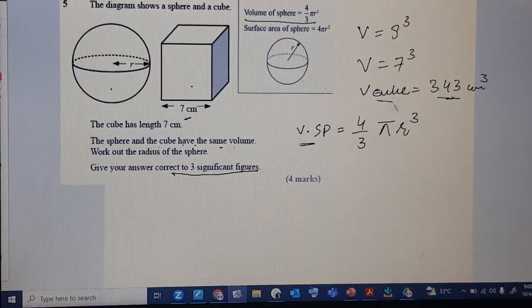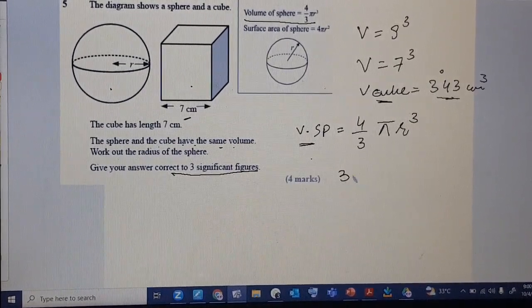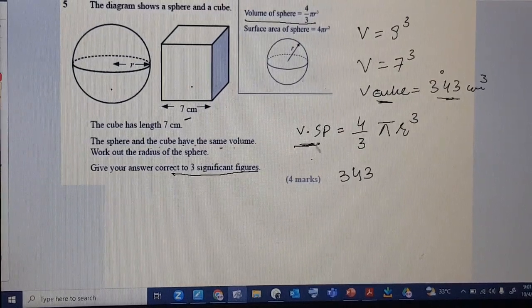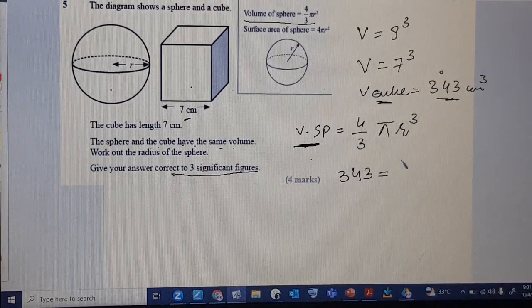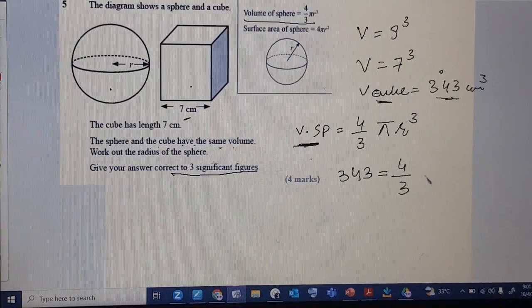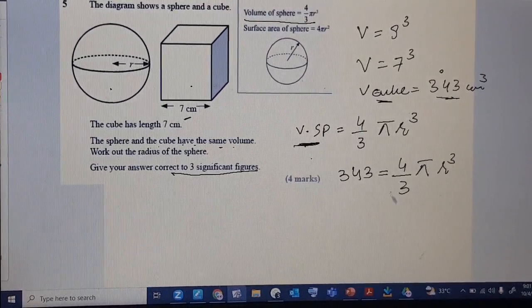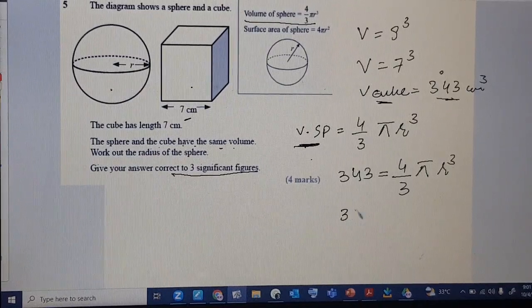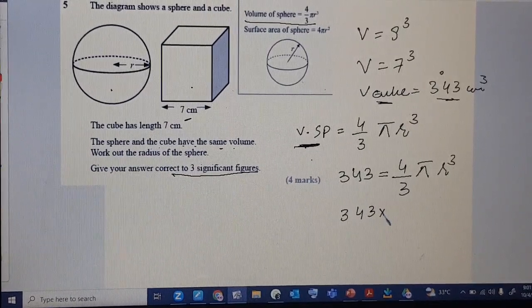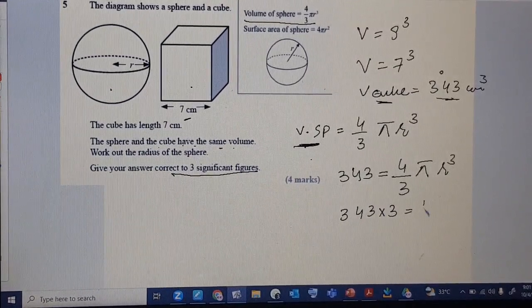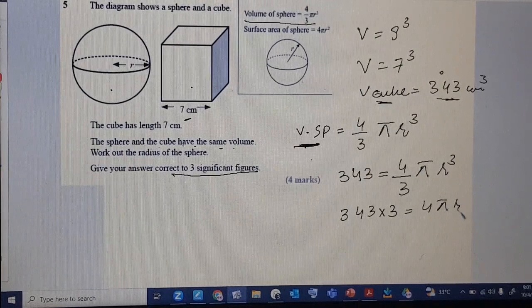Volume and volume are the same, so I'll put 343 here. So let's write 343 on this side is equal to 4/3 pi r cubed. Explaining every step, I will say 343 times 3 is equal to 4 pi r cubed.